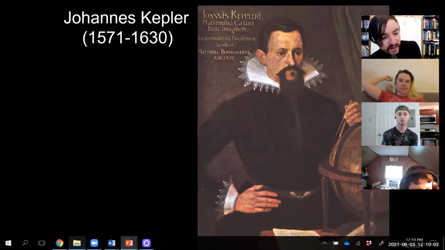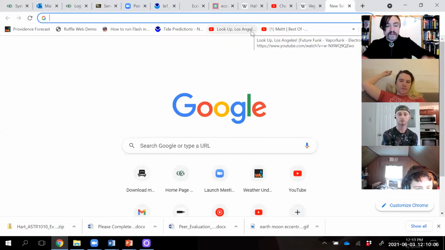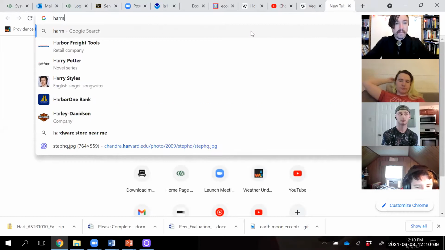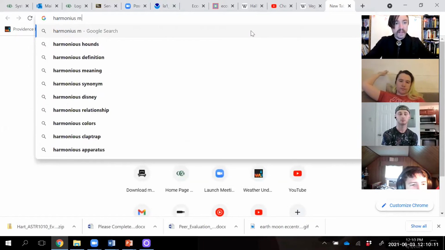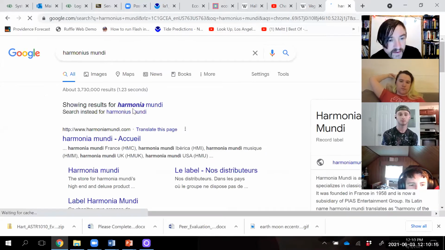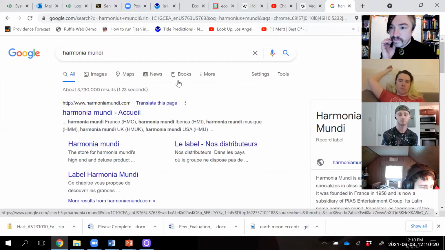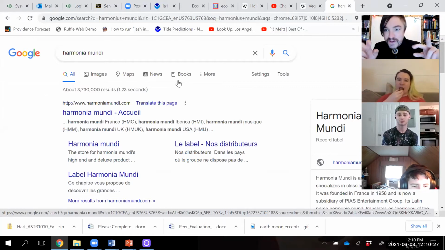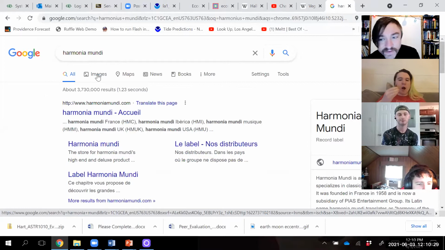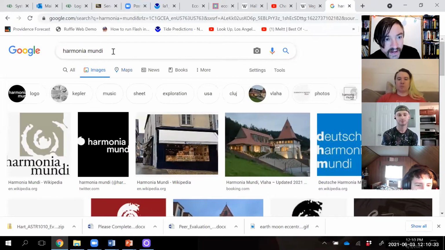Kepler actually was a little bit of a mystic and a weirdo. He wrote this famous book called Harmonices Mundi, on the harmony of the spheres. One of the things that he planned on doing with his laws of orbital mechanics was to describe the periods of the planets so he could discover the music of the universe.